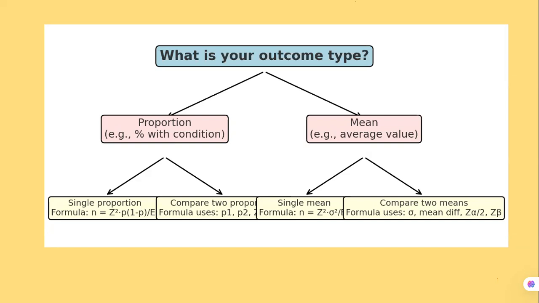What is your outcome? Depending on the outcome, we will use our formulas. If the prevalence is given with a percentage and a condition, maybe anemia, maybe cancer, maybe immunoglobulin level, that can also be. And if the mean value or the average value is given and the data type is continuous, then we have a different formula.